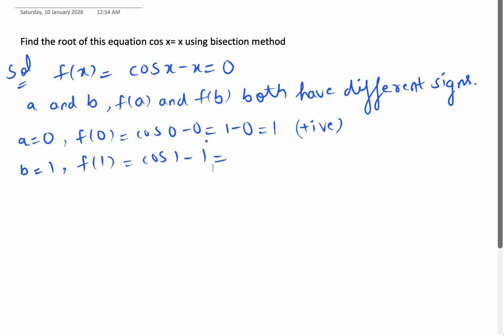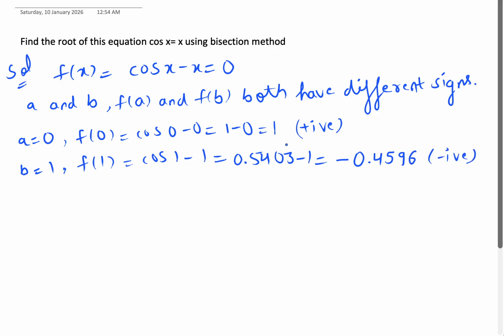Cos 1 is 0.5403. 0.5403 minus 1 is negative 0.4596, and this is negative.